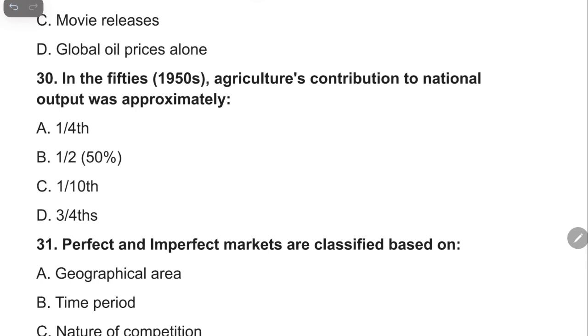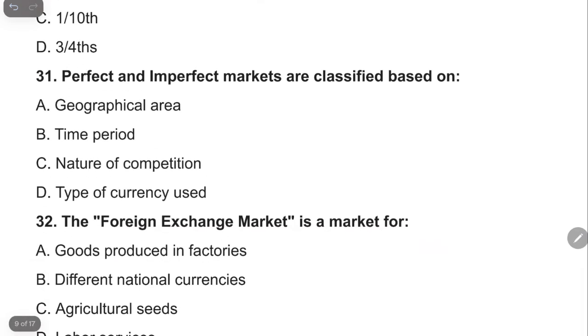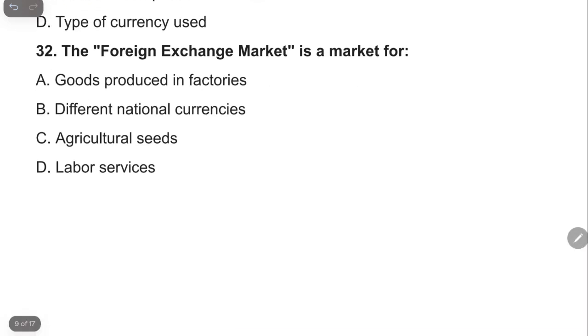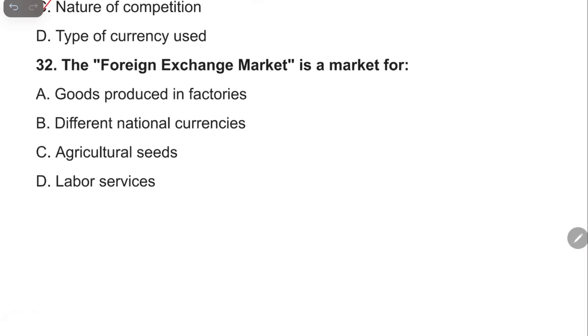In the 1950s, agricultural contribution to national output was approximately, once again, 50%. Perfect and imperfect markets are classified based on the nature of competition. The foreign exchange market is a market for different national currencies.